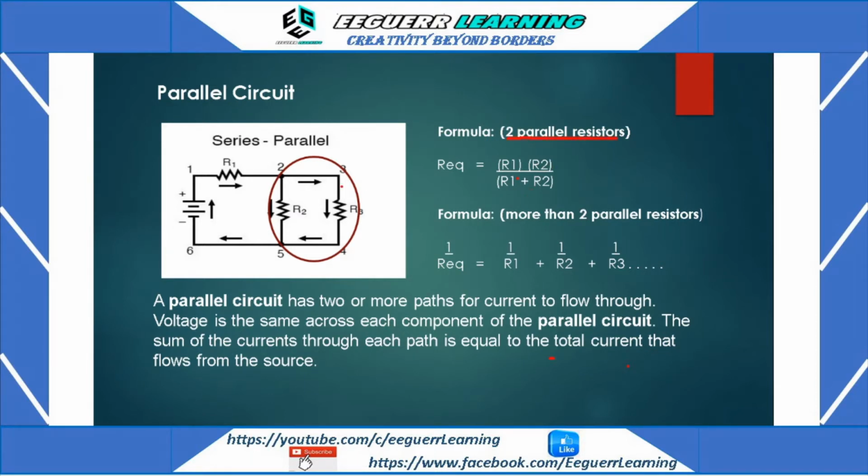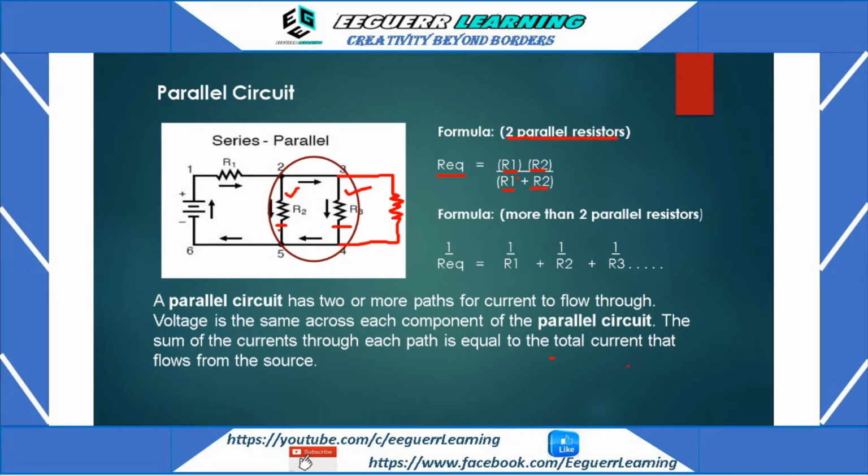If we have two parallel resistors like this, the formula that we're going to use is R equivalent, or R total, is equal to R1 times R2 over R1 plus R2. So what if we have another resistor here that is in parallel with the two previous resistors?